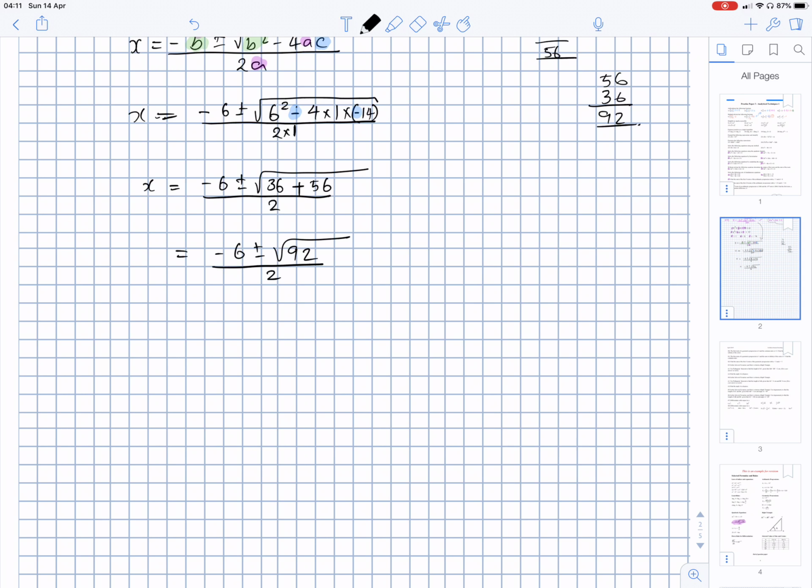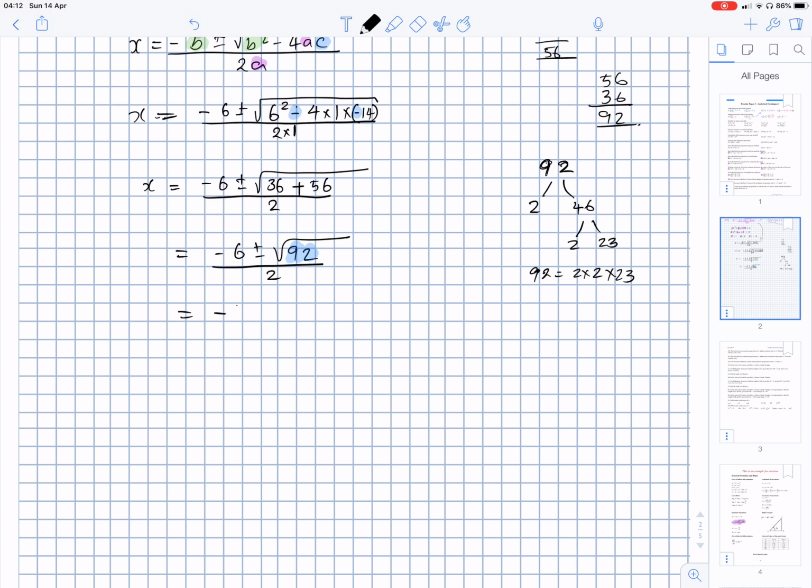Okay, so with square root of 92, you need to simplify it by finding the factors of 92. So you divide 92 by 2, you get 46. Divide 46 by 2, you get 23. So actually 92 is the same as 2 times 2 times 23.